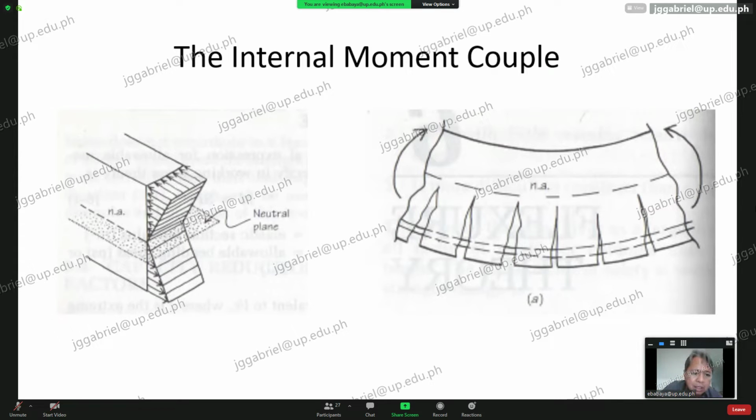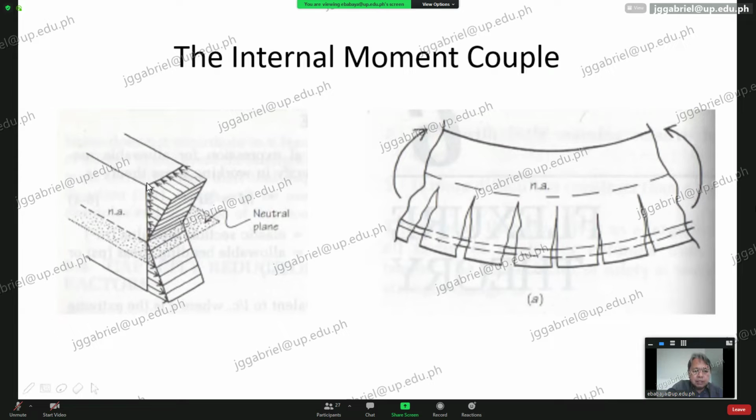Tension. So if you look at the picture on the left, this is what we call the neutral plane or the neutral axis. Now, from the neutral axis, the stress is increasing as it goes from the neutral axis going to the surfaces.